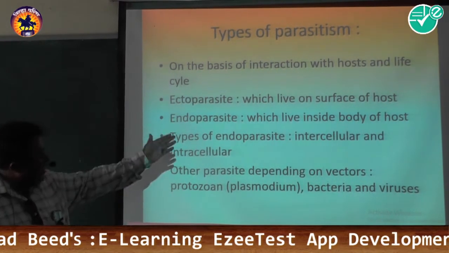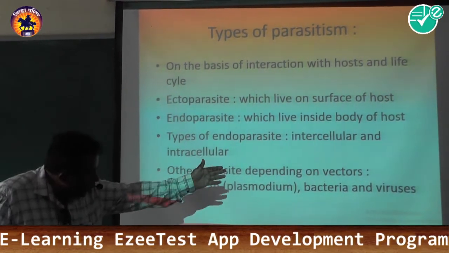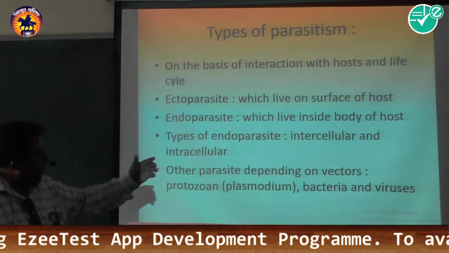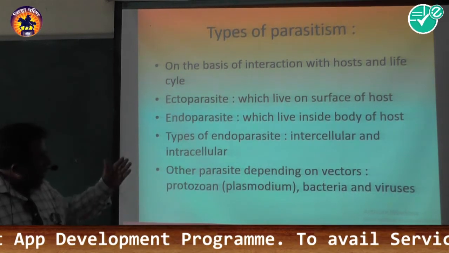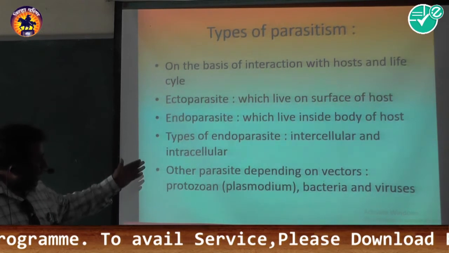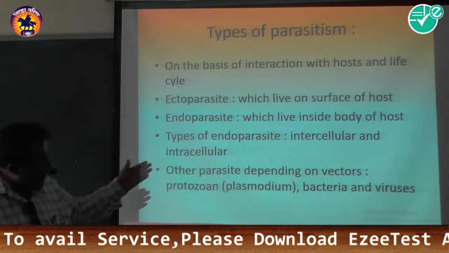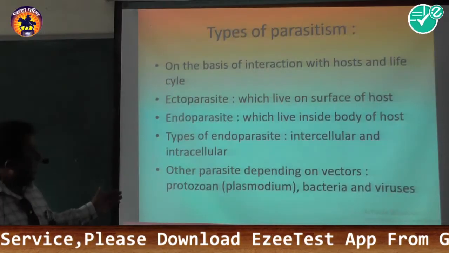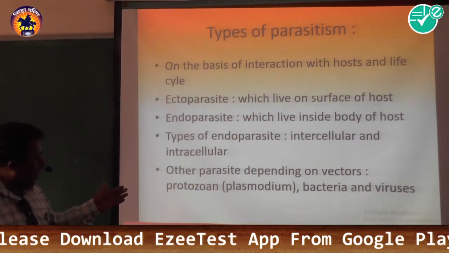Number two is an endoparasite, which lives inside the body of the host, जो कि अपने host के जिस्म के अंदर अपनी जिंदगी गुजारेगा. The types of endoparasites are intercellular and intracellular.